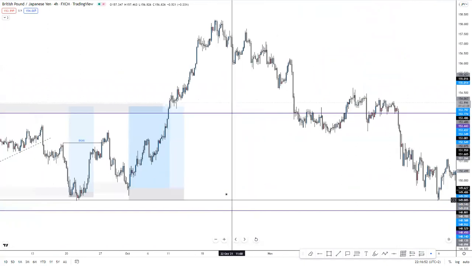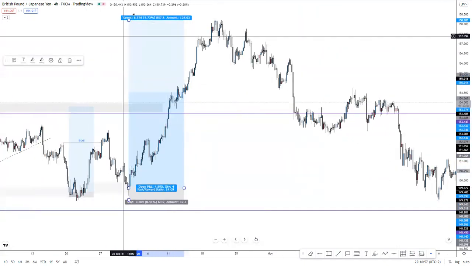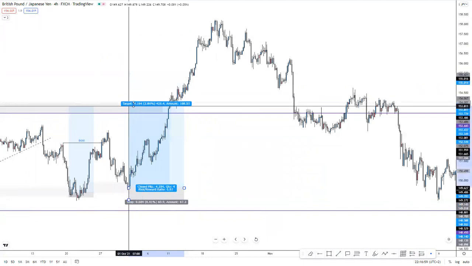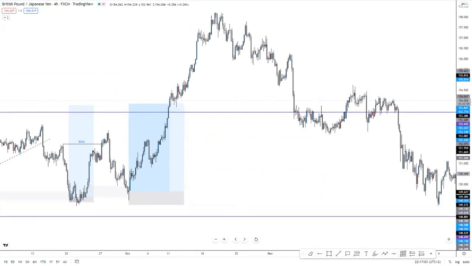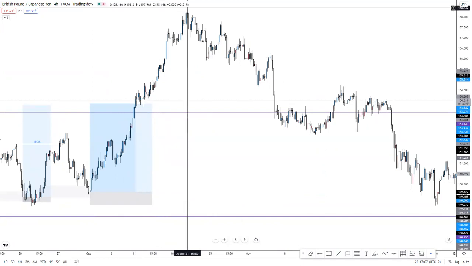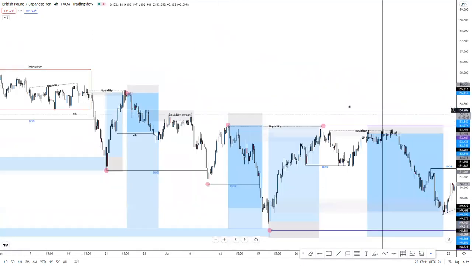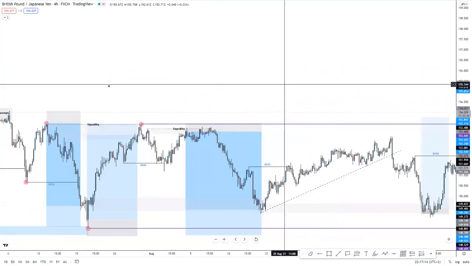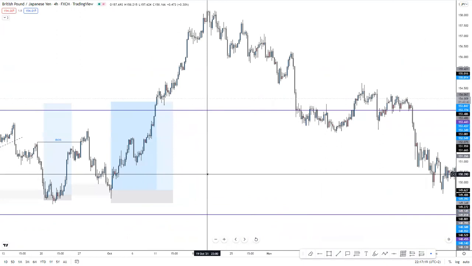Pushes about 800 pips to the upside with no pullbacks at all, guys. You can just see from this last pullback, we just had straight bullish momentum. Price reaches this level, sweeps all the liquidity to the left, right? And then now we just need to know where price is going next.